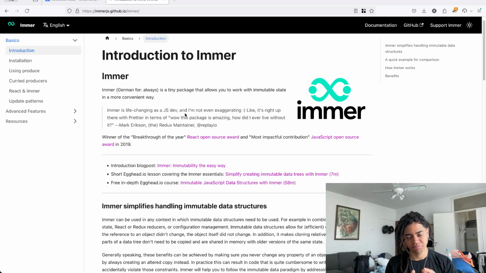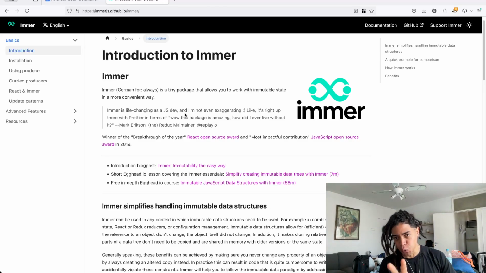So, yeah, in this context, immutability means that change to our data needs to occur with intent. In other words, how do we control mutations? How do we keep track of all of our mutations?